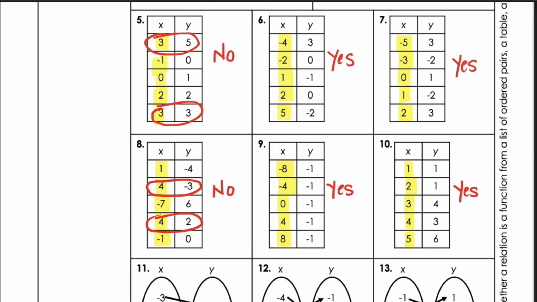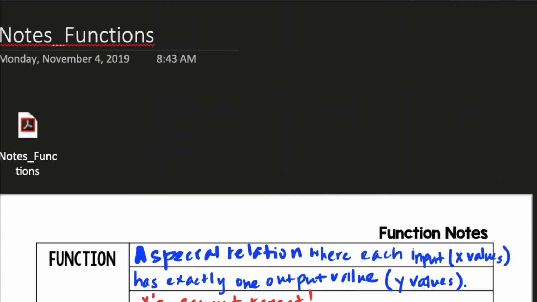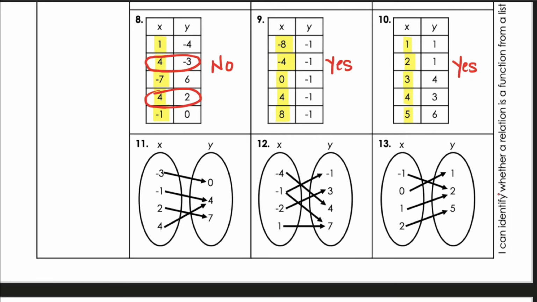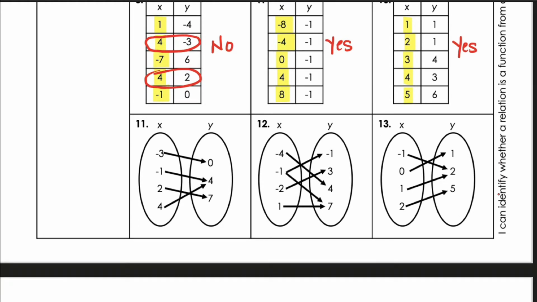Okay. And we also talked about another way to represent a relation is by looking at the mapping, where you have the different values with the bubbles and the arrows showing you which x value gets assigned to which y value. So now in a mapping, you're not going to see the x values repeating. They're not going to repeat the actual number.